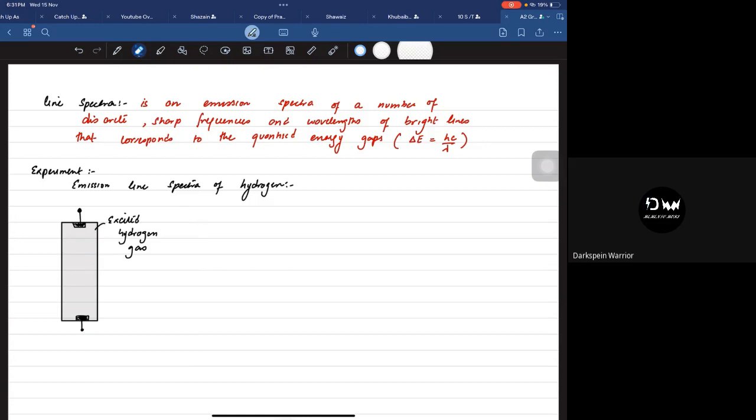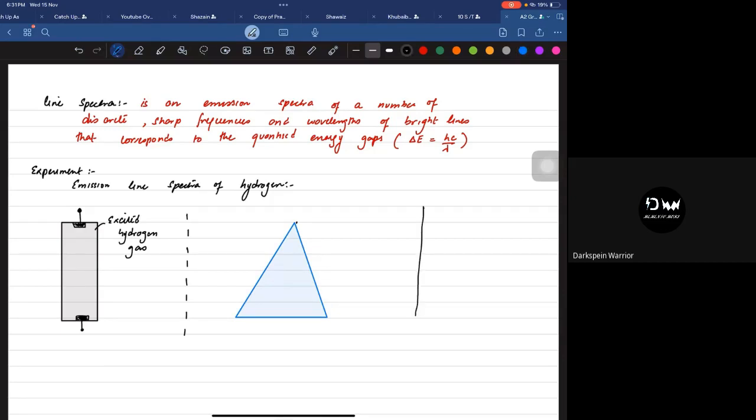Nicely draw this. Like that. And through the grating, we want it to go through a prism. And then through the prism, in front of it, we put a screen so that we can see what's happening there.